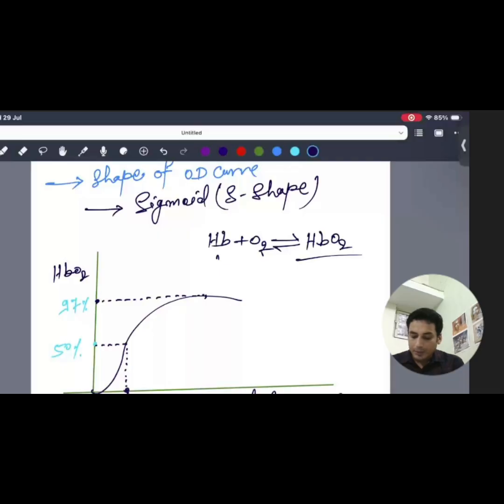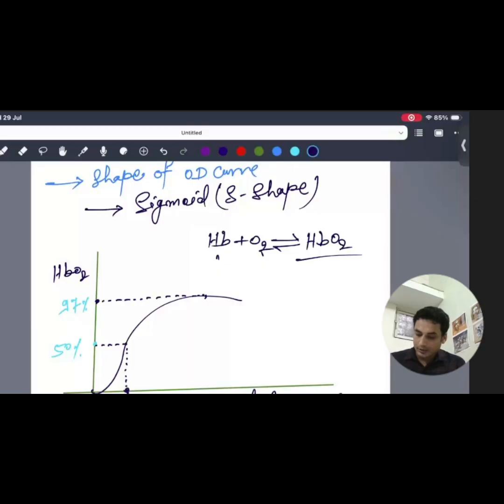Here the partial pressure at 50% saturation is known as the P50 value, where 50% of the hemoglobin is already saturated. That partial pressure of oxygen is known as the P50 value.